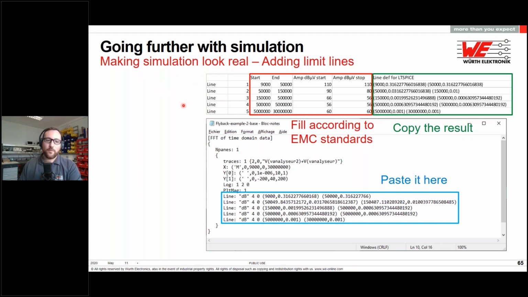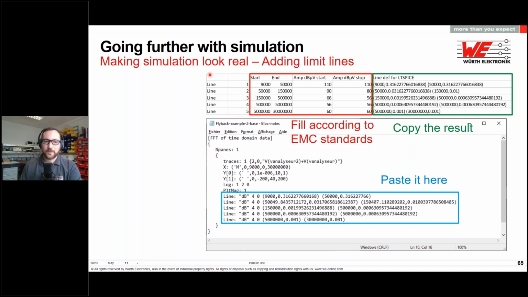So here, what I've done is I've made a little program. Let's call it a program because it's actually a spreadsheet that opens your plot settings. This is what will be available at the end of the presentation.